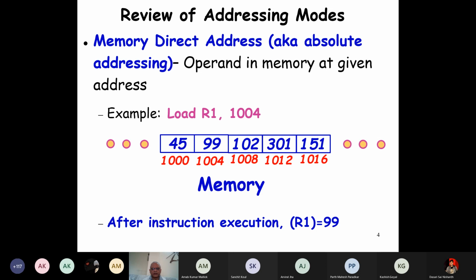I was saying that all computers usually are byte addressable. We give a byte address here. 1000 is the byte address. From there we read 4 bytes. Of course, there are computers which are word addressable. Maybe 4 bytes is a word, and then 1000 will be one word, 1001 will be one word, and so on.